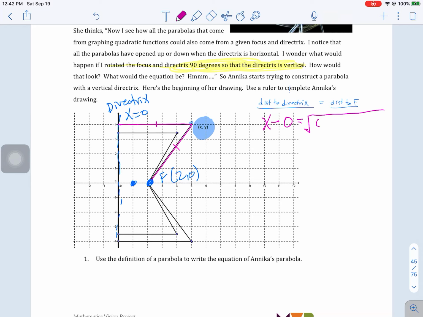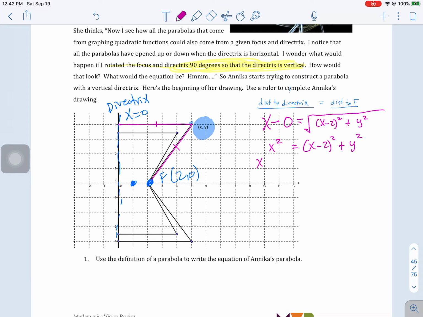And we're going to say we've got x minus 2 squared, and we've got y minus 0, or y squared. So if we square both sides, we've got x squared equals x minus 2 squared plus y squared.